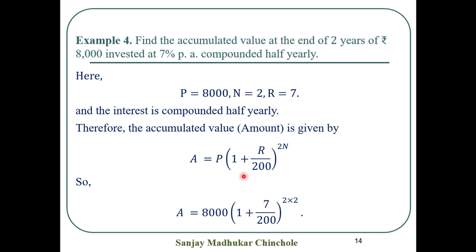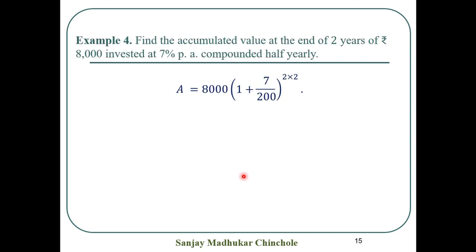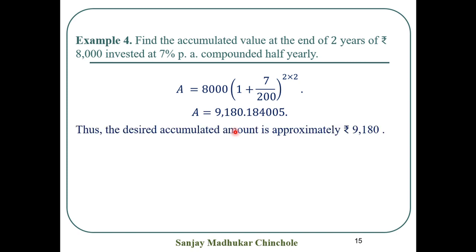This 1 plus 7 upon 200 is 207 by 200, which is 1.035, and we have to find 1.035 raised to 4. After calculation, we get the amount by compound interest compounded half yearly as A is equal to 9180.184005.